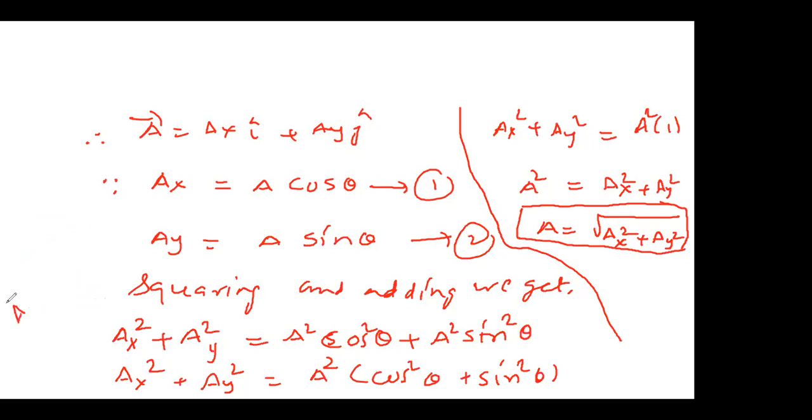If A bar is 2 i cap plus 3 j cap plus 4 k cap, what will be the magnitude of A bar? Square root of 2 square plus 3 square plus 4 square. Correct. This is how we can find magnitude. So just copy further till what I have written.